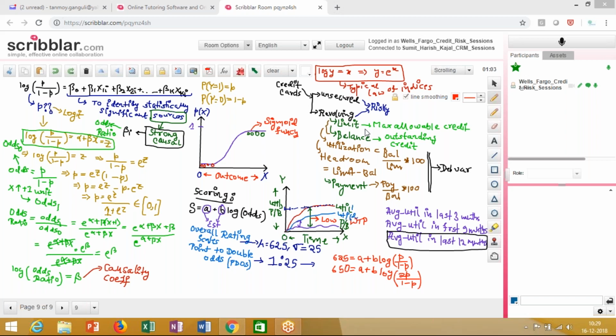So now we have the two equations, and we get the intercept and the coefficients through this. You get the intercept and the slope, and when you put that in, you have your estimated scoring equation, right? But as Harish correctly pointed out, this point to double odds scale would be very closely related to the log odds distribution in the portfolio.